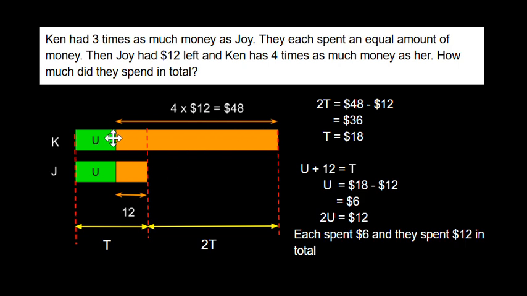Correct? 48 is here, 12 is here, so 2t is 48 minus 12, which is equal to 36, and t is 18. So the moment you know t is 18, this is t. u plus 12 is equal to t. So u plus 12 equals t. u will be equal to $6. Okay? So 2u is $12. So each of them spent $6 and they spent $12 in total.